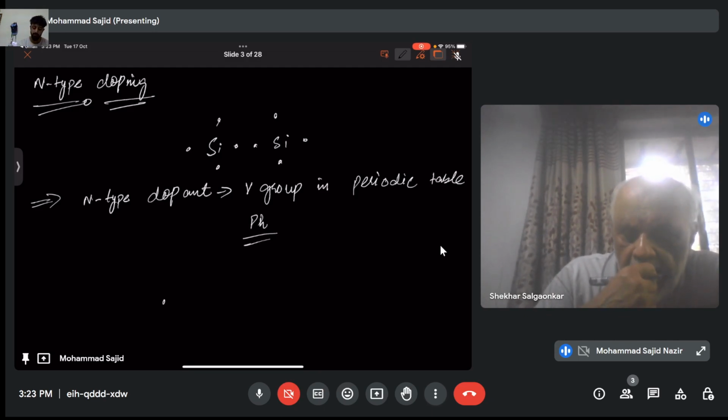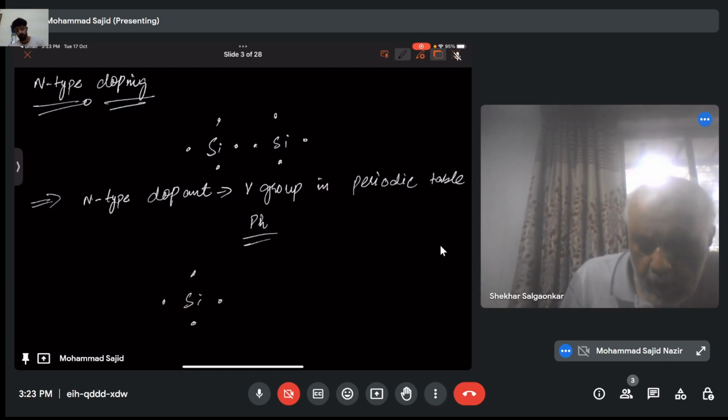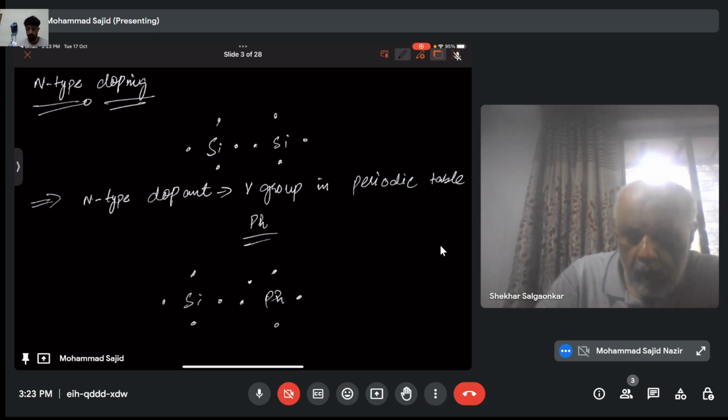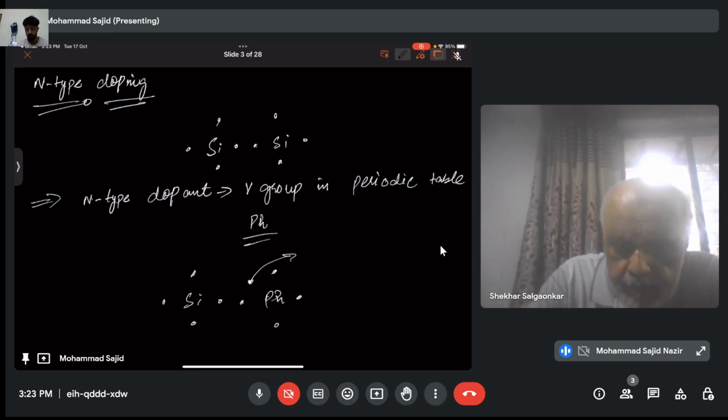So what will happen is, this silicon, and now comes the phosphorus, which replaces another silicon atom. 4 electrons get bonded. But what about the fifth electron that remains in the material? So there are extra electrons now. That's why it's called n-type, and the other one was p-type.